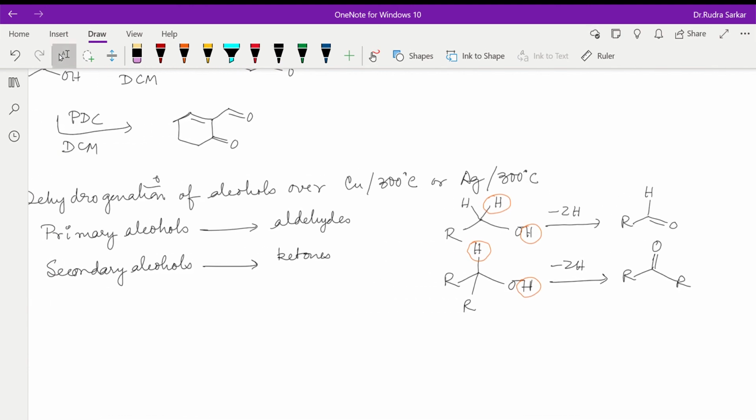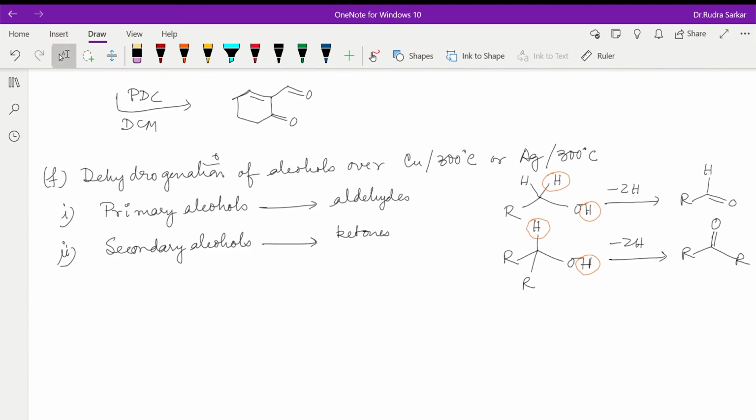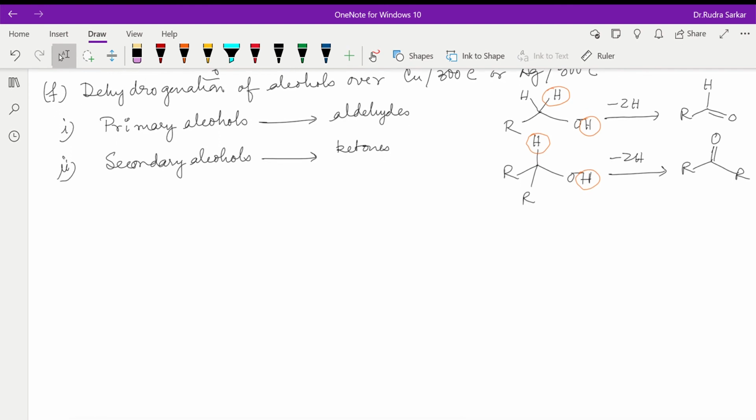That is all you need to remember and apply. Now let us make a small table to summarize what we have learned so far. Okay.